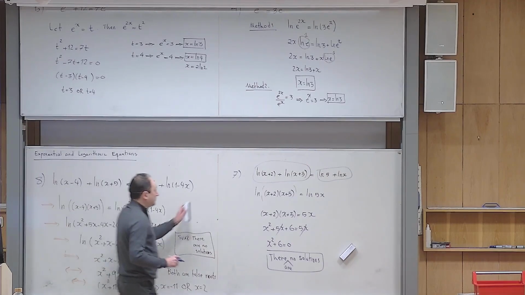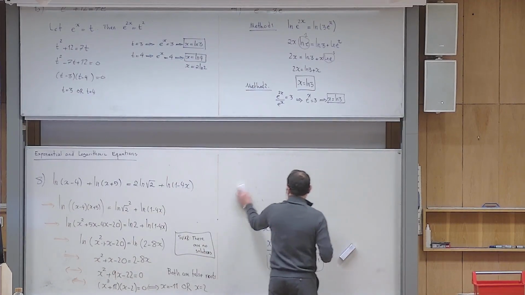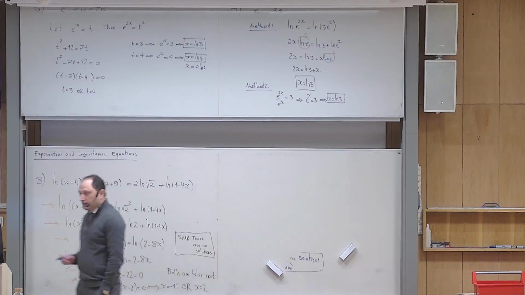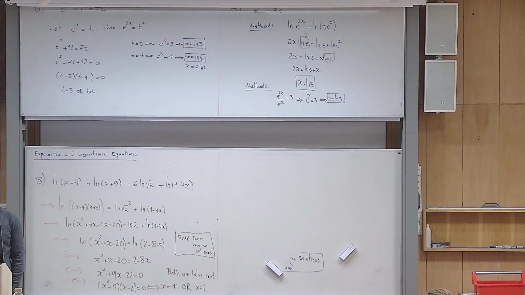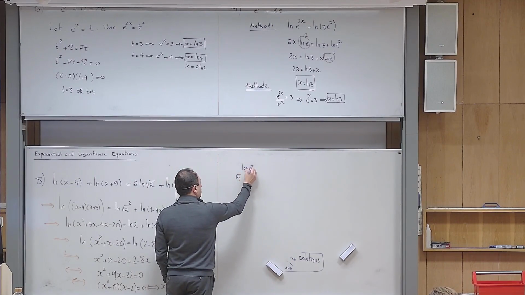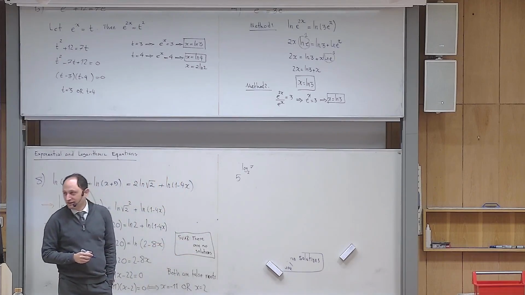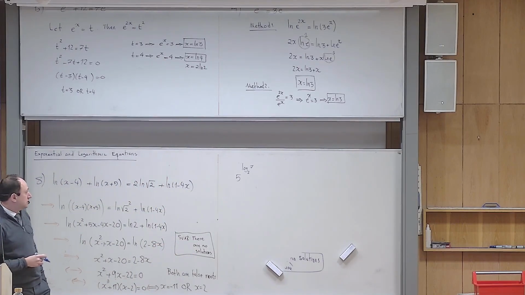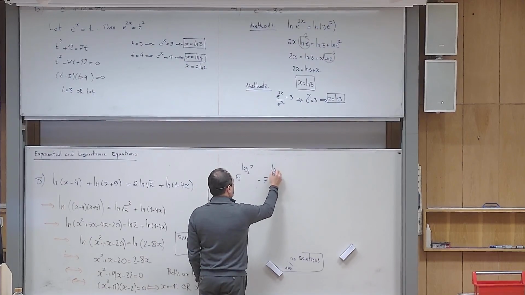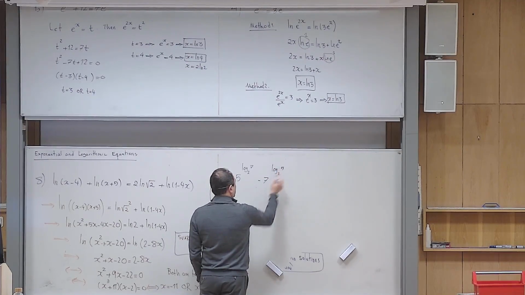Can you answer this without a calculator? So this is 5 to the power of log of 7 to the base 2, minus 7 to the power of log of 5 to the base 2.